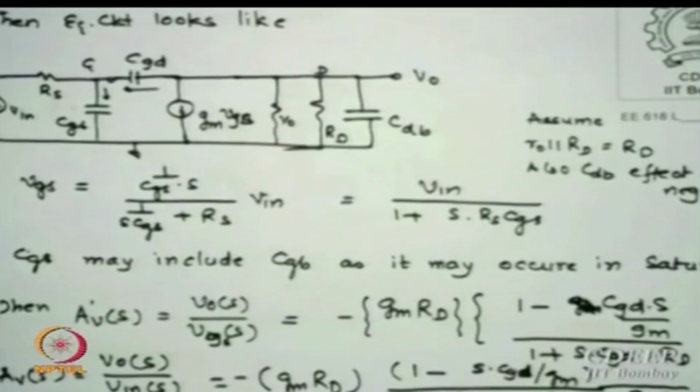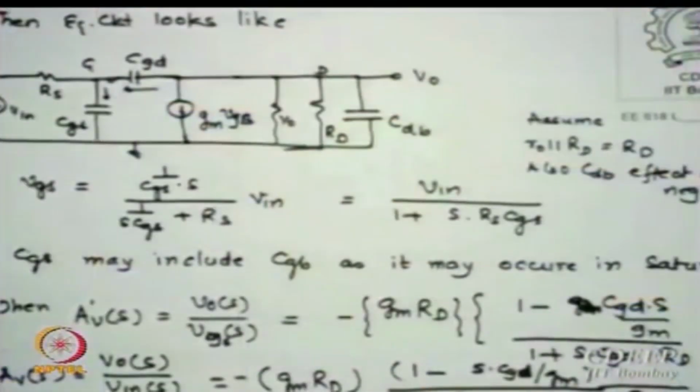If you compare this expression with the transfer function form, S by omega z plus 1, then when this term is equal to 0, that is S is equal to GM by CGD, the output goes to 0, which essentially means you have a zero of the transfer function. So the zero is occurring at a frequency of omega equal to GM by CGD, and at that frequency the transfer function has a value of 0.